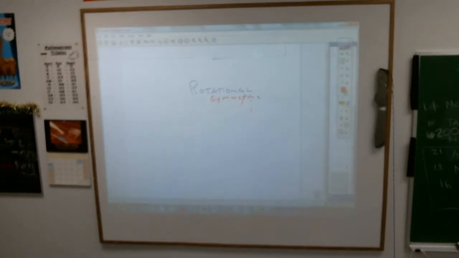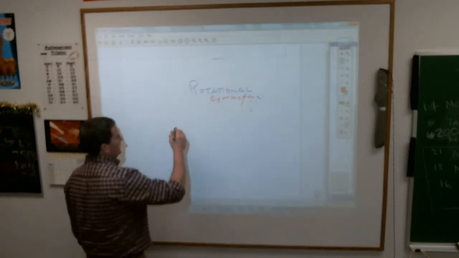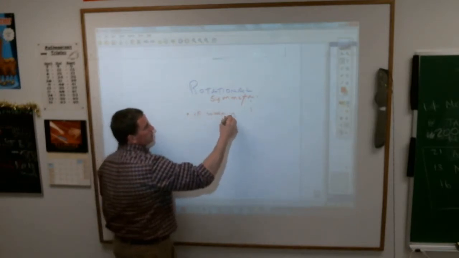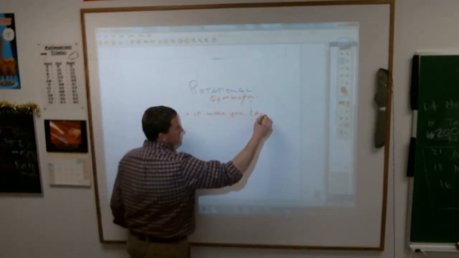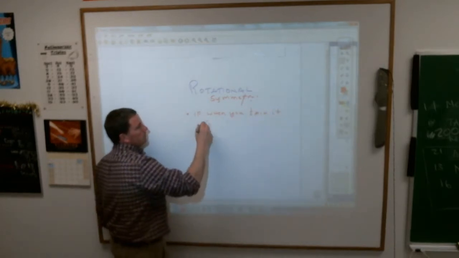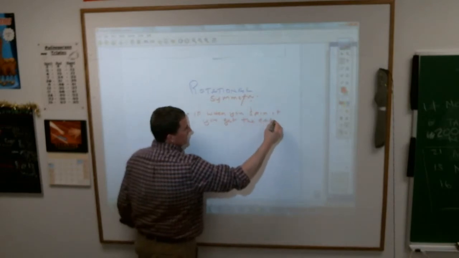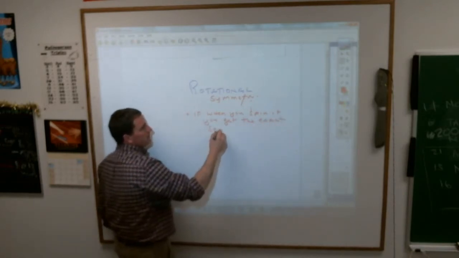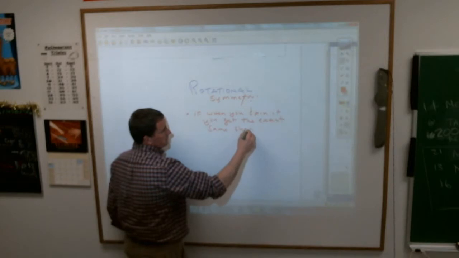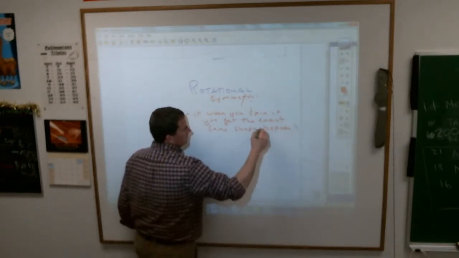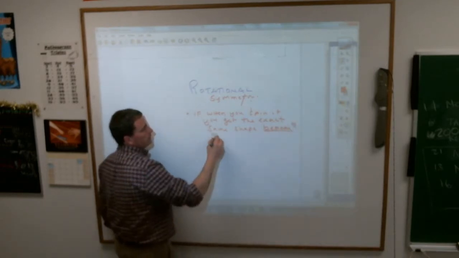A figure has rotational symmetry if it regains its original orientation more than once during a full turn, which means this. If, when you spin it, you get the exact same shape, and here's the key, before, just underline, before making a full turn.